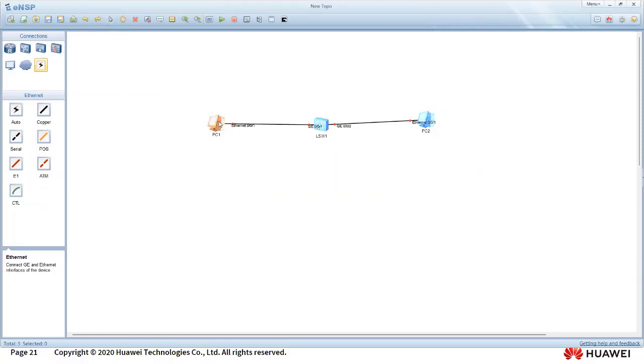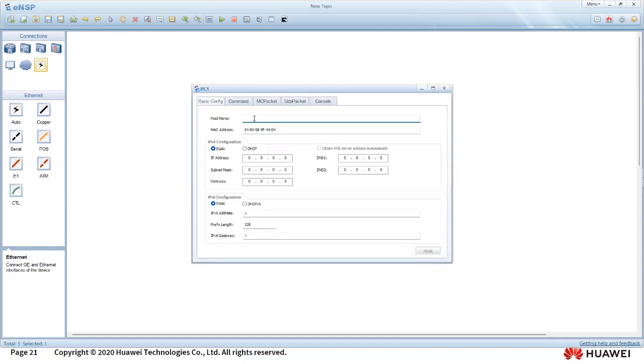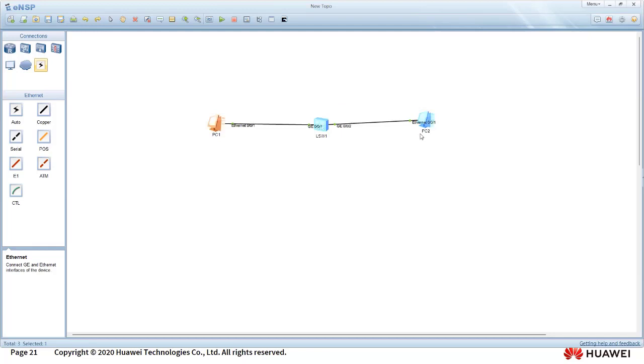I'm going to give this an IP address. I'm going to call it PC1 here. I'm going to give it the IP address 192.168.1.4 with subnet mask 255.255.255.0. That's /24. I'll say apply and close.